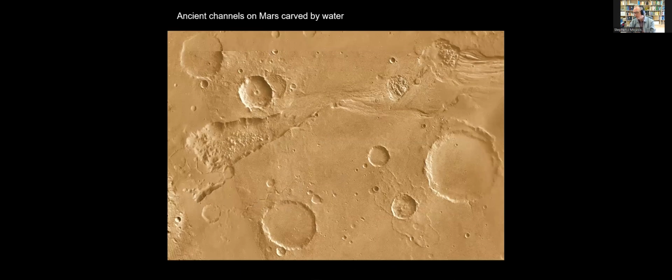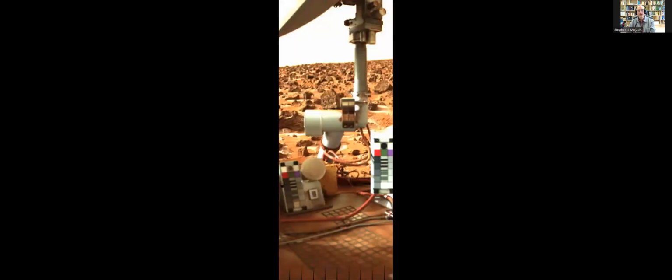Ancient channels on Mars have been found that are almost certainly carved by water. Now, how long this water was running on Mars and when exactly continues to be debated.